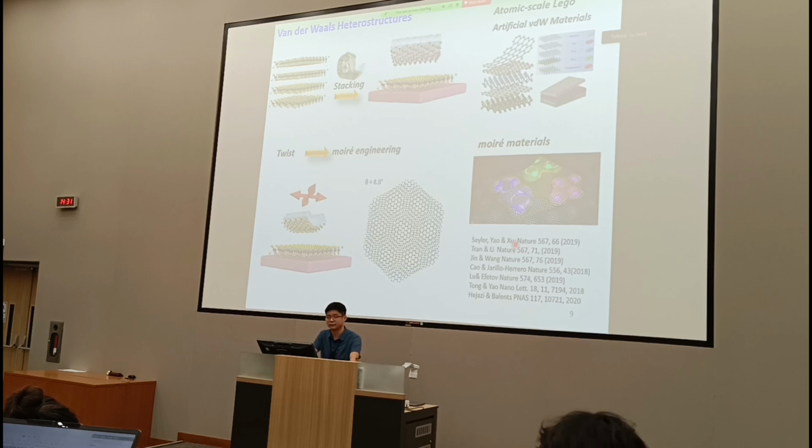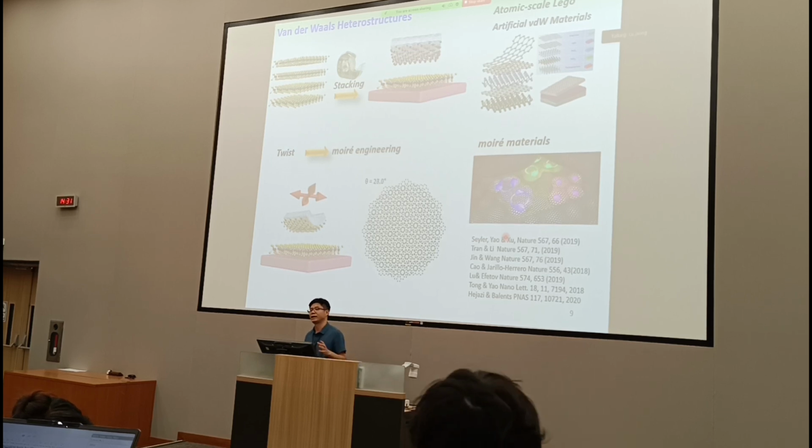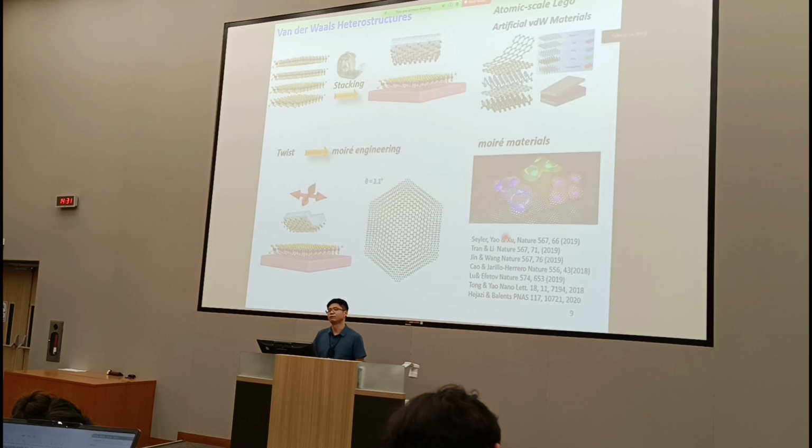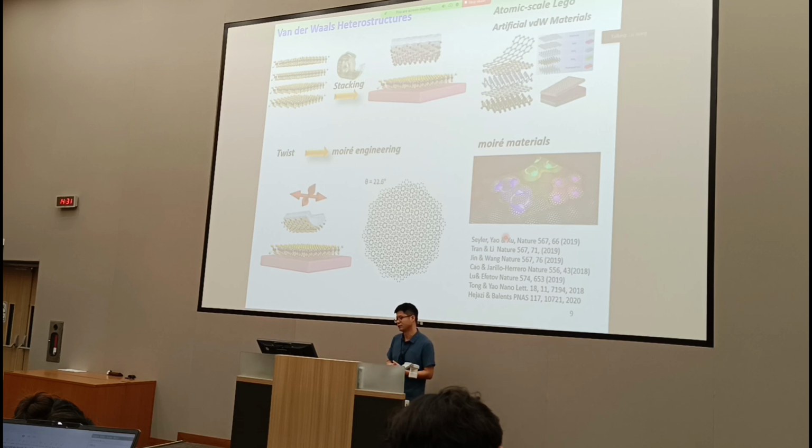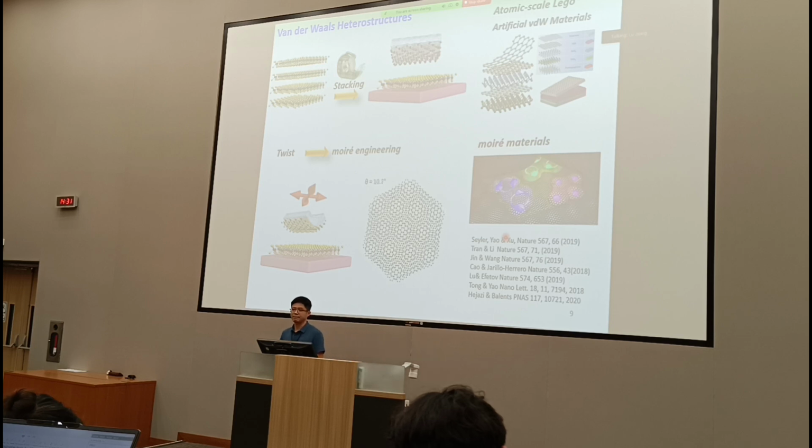One very famous example is magic angle bilayer graphene. That can be superconducting. Nobody had expected this until a few years ago. Normally we create superconducting materials using metals, using strongly correlated materials with metal. Carbon is very light.